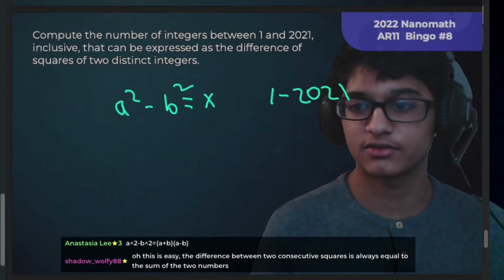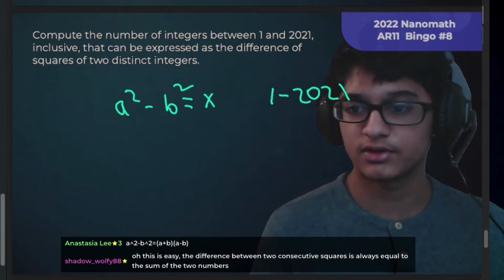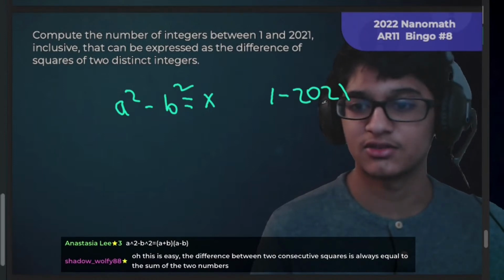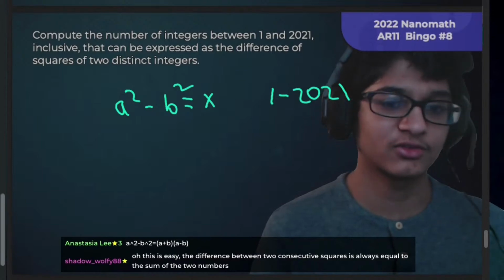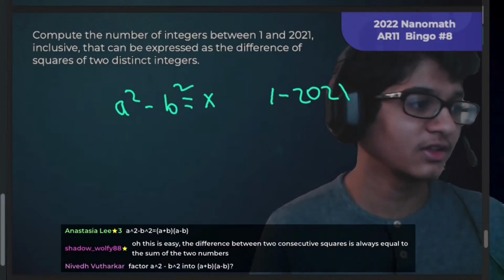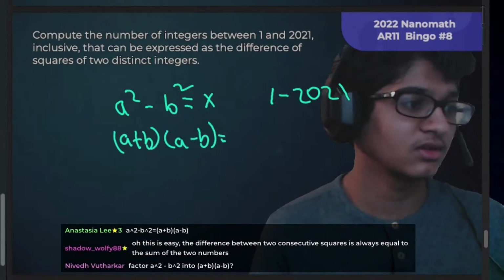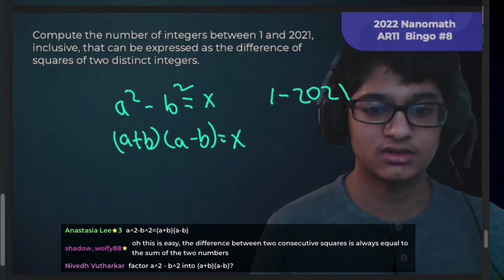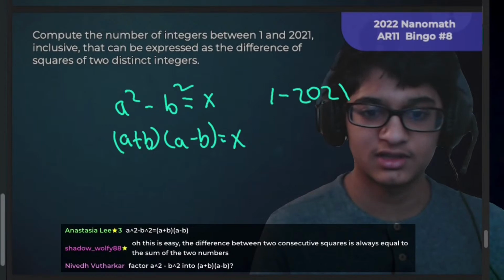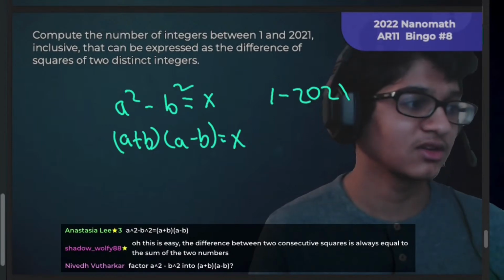Okay, I see difference of squares. So the difference between 2 consecutive numbers is always equal to the sum. Those are 2 great ideas. So yep, a squared minus b squared is a plus b times a minus b is equal to x. And Shadow Wolfie said the difference between 2 consecutive squares is always equal to this.